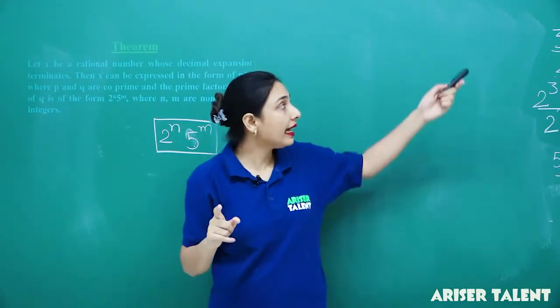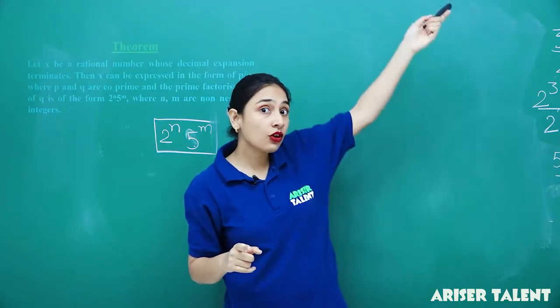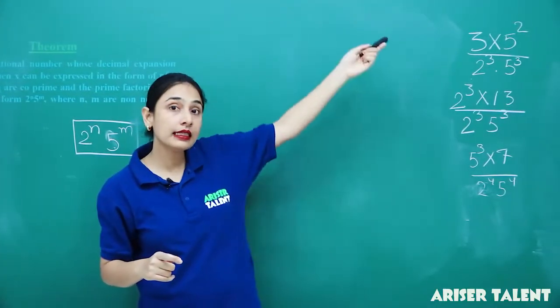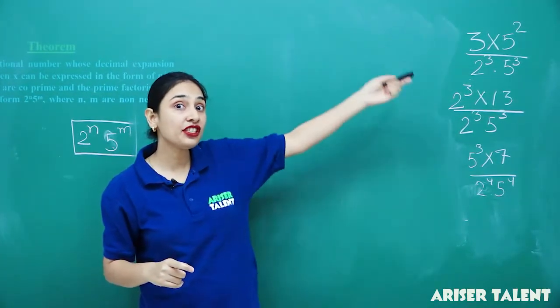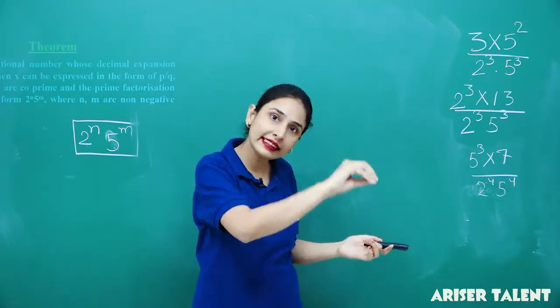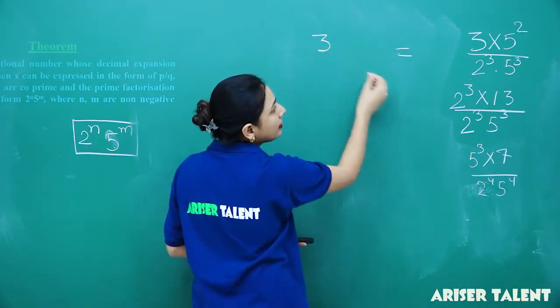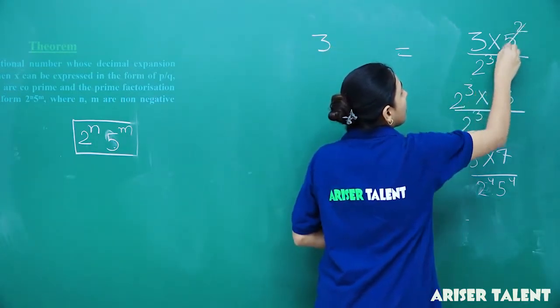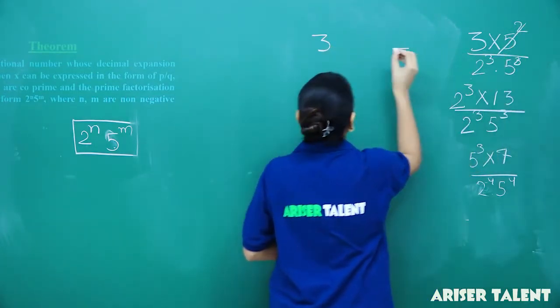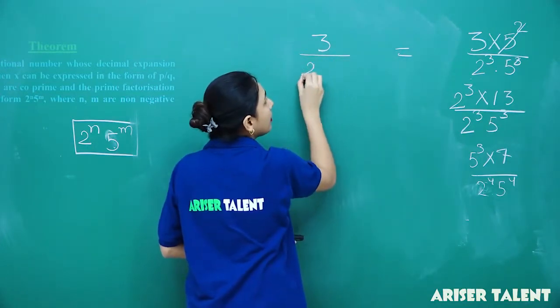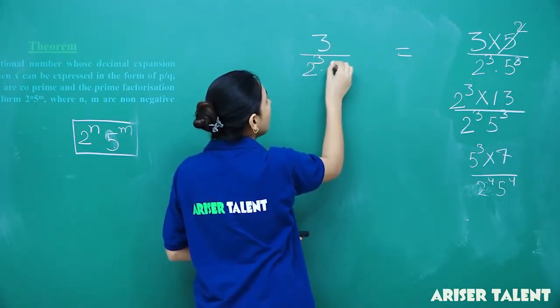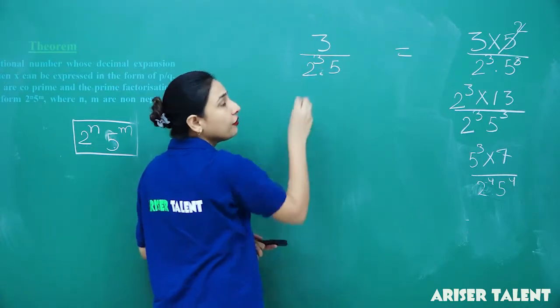Now in this conclusion, we have some numbers which are not co-prime. So, let's cancel out. That can be written as 3 to the power 3 multiplied by 5.